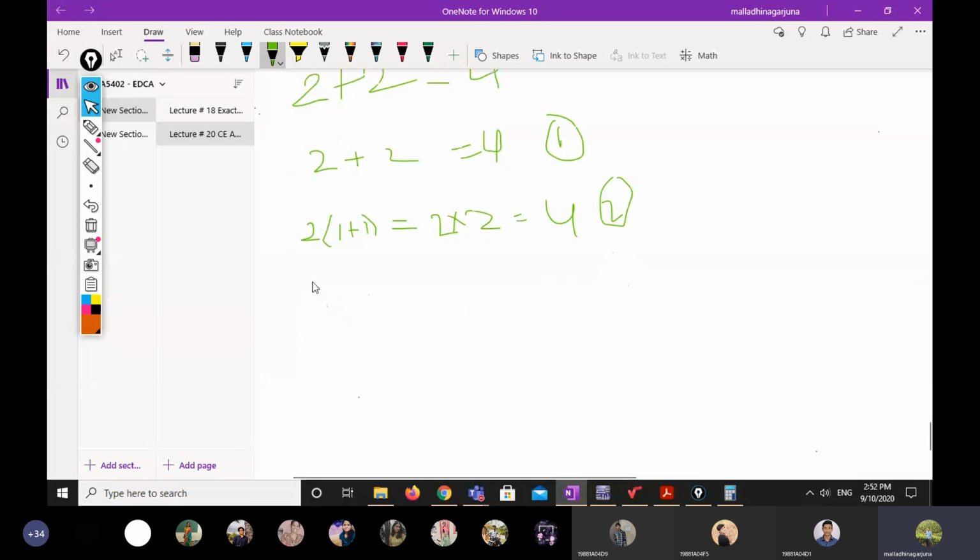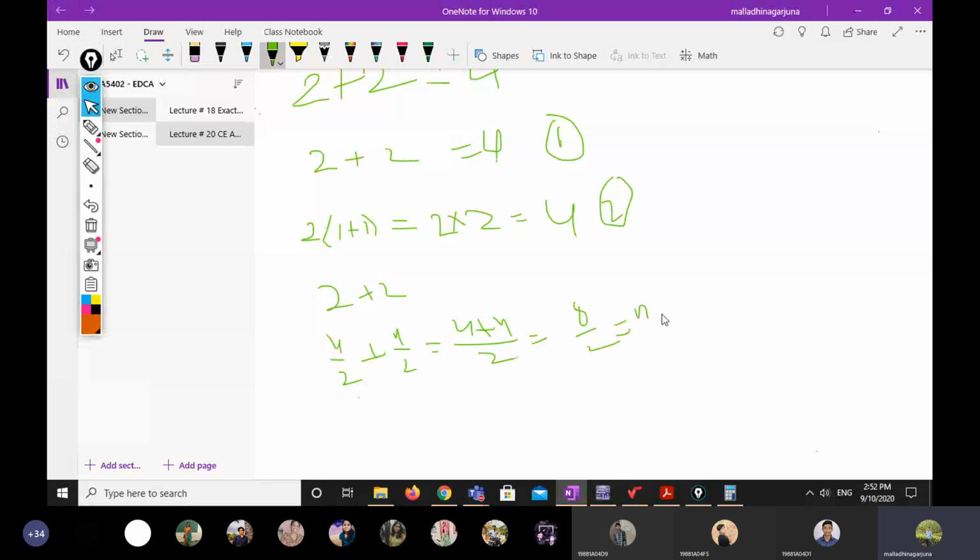Next, in 2 plus 2, I multiplied and divided each 2 by 2. So 2 2s are 4 by 2, I multiplied and divided with 2, and taking LCM 2, 4 plus 4, so 8 by 2. My answer is 4.